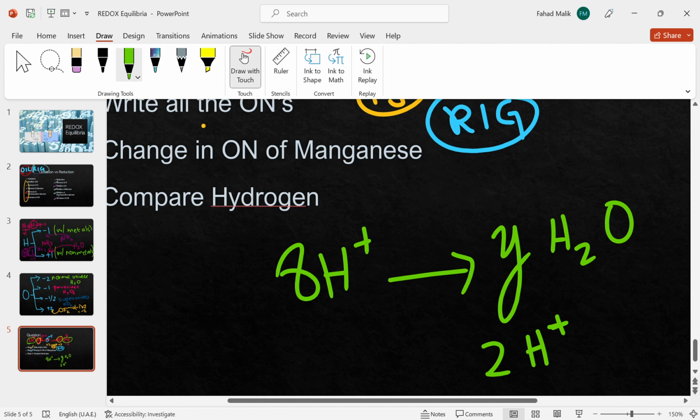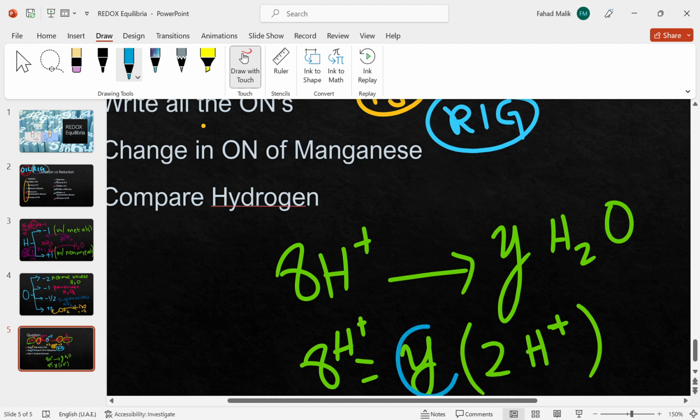So what are you going to multiply it with to get 8? Does that make sense? What do you multiply it with that you get 8? So you multiply it with Y, and what is that Y? It will be 4. You have to multiply it with 4. So 4 twos are 8. So your Y is 4.